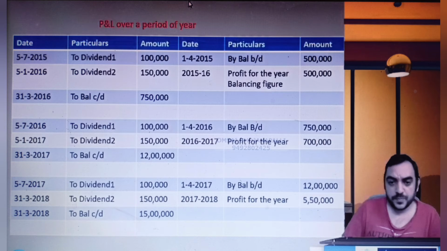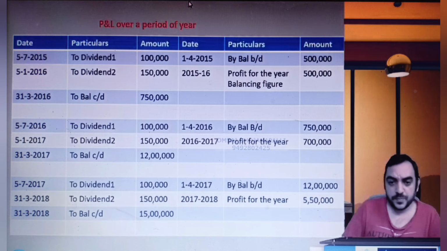So this is for the year 2015-16. You get profit for the year, net profit for the year. You can compute it as a balancing figure. See how much you get, balancing figure.